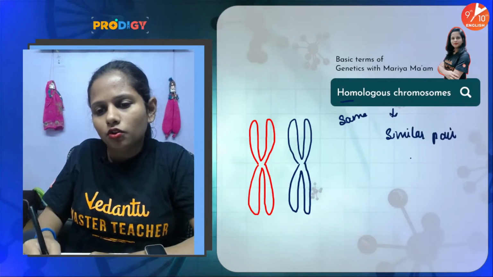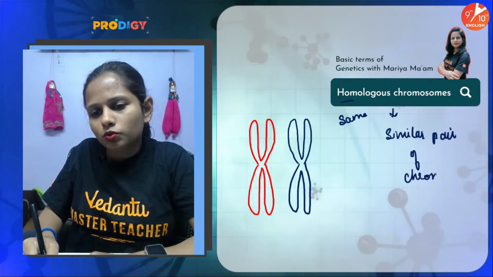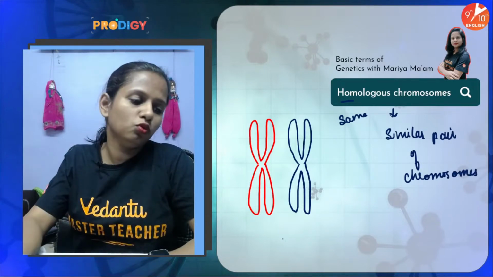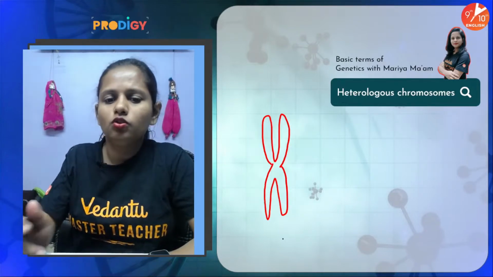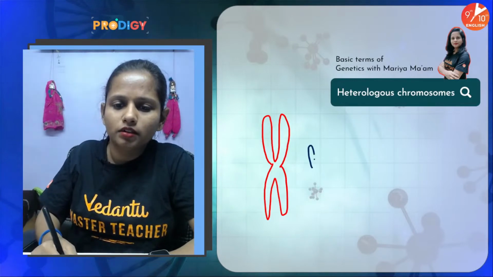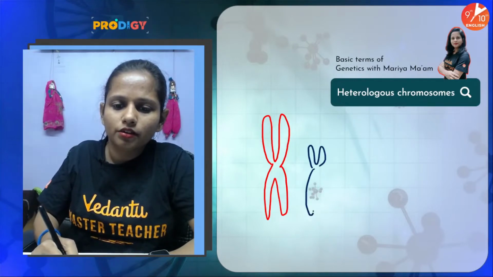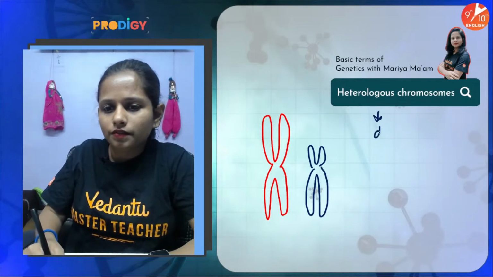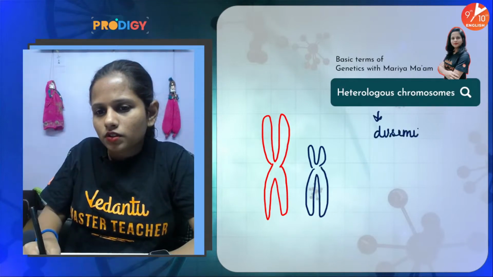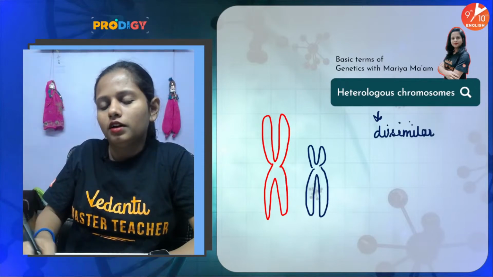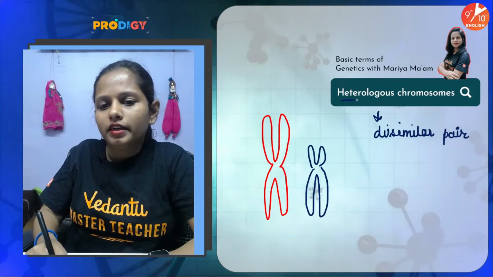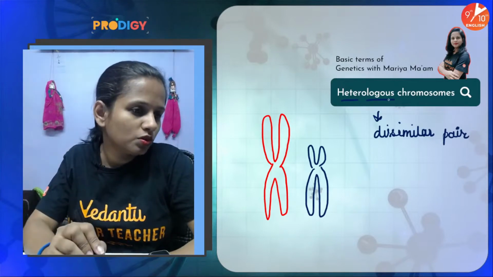Now the chromosomes which are dissimilar, for example this pair is a dissimilar pair. A dissimilar pair of chromosomes is called heterologous chromosomes.